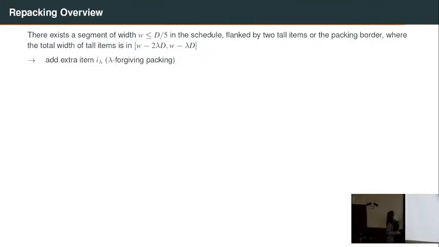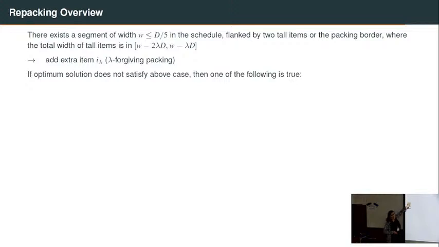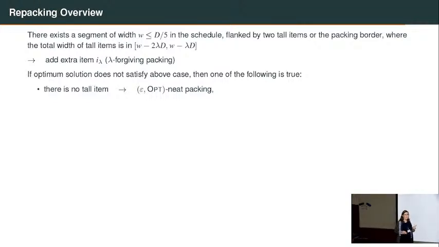Therefore, we add the extra item. If the optimum solution has not this case, it has one of the following. Either there's no tall item, then we are already neat because all the tall items that exist are sorted.